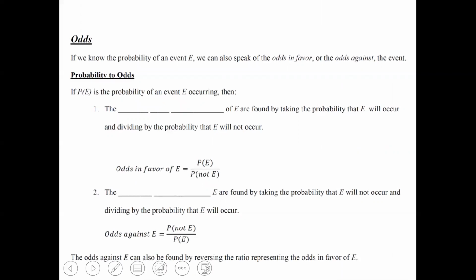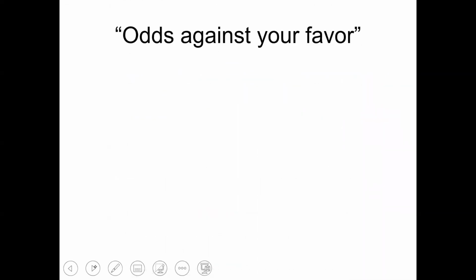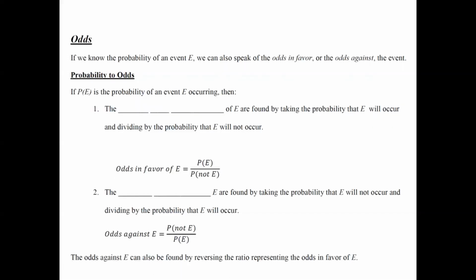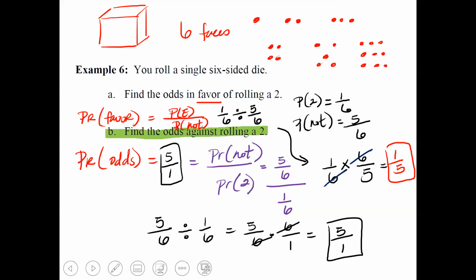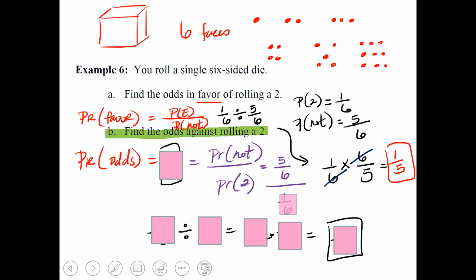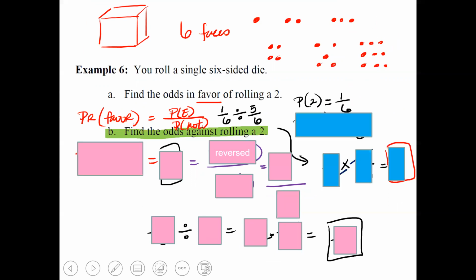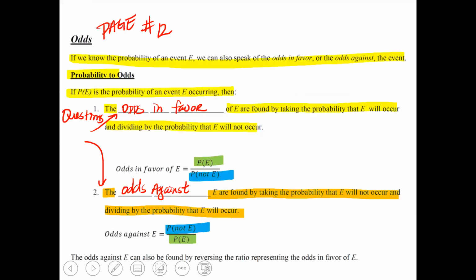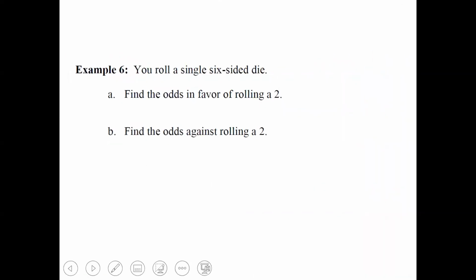Okay, let's go ahead and take a look at an example. Okay, example 6.